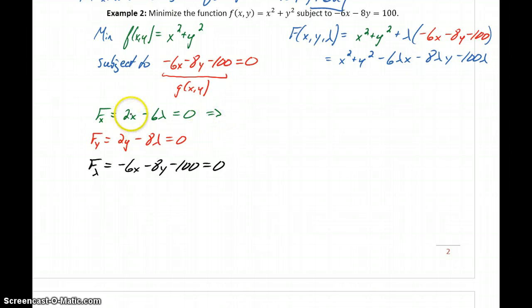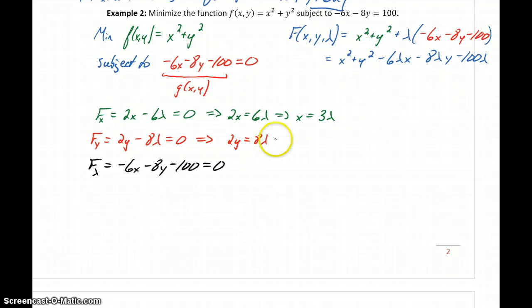We can start off by taking our first two derivatives and solving for x and y. So in this case we would get 2x equals 6 lambda, or x equals 3 lambda. Looking at the second equation, we'll get 2y equals 8 lambda, or y equals 4 lambda.